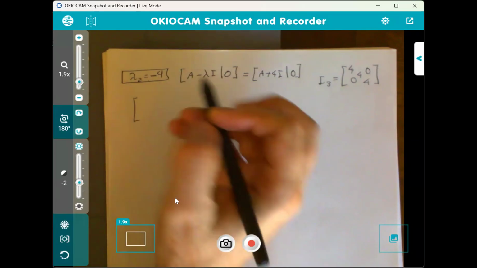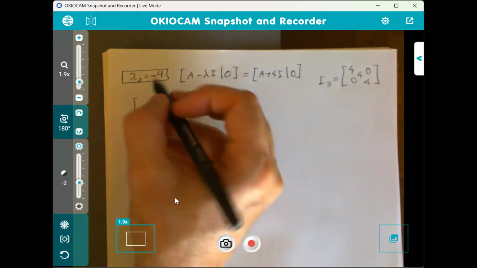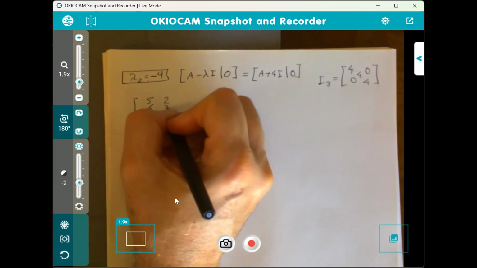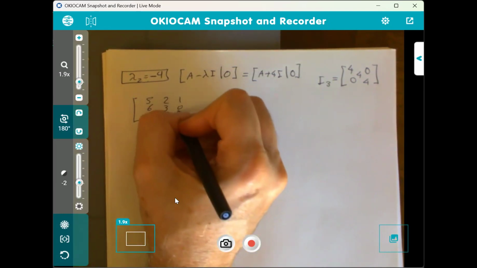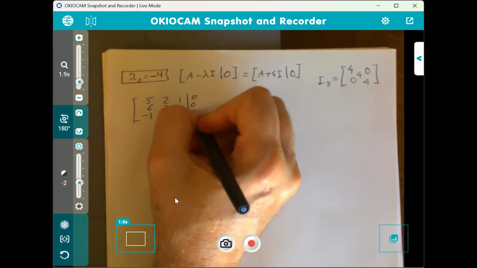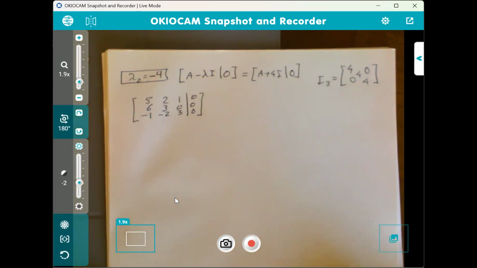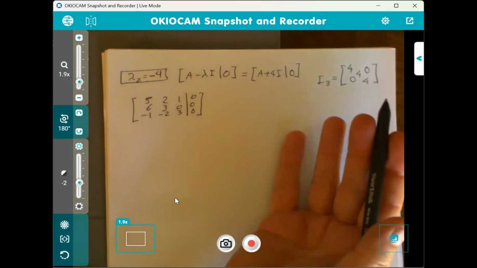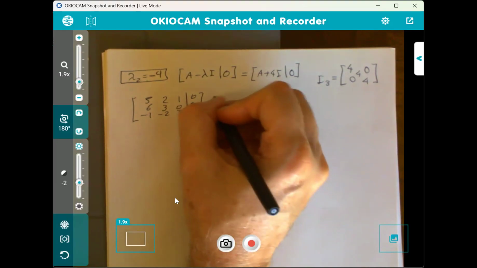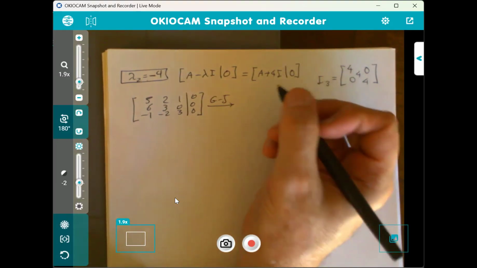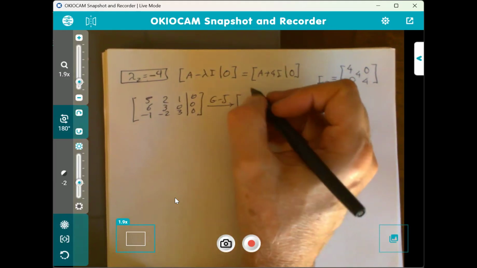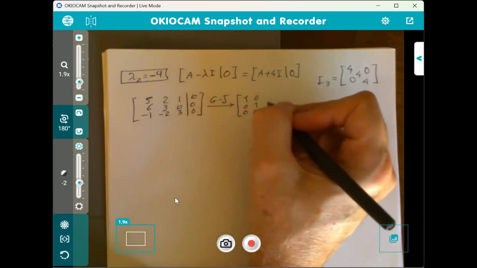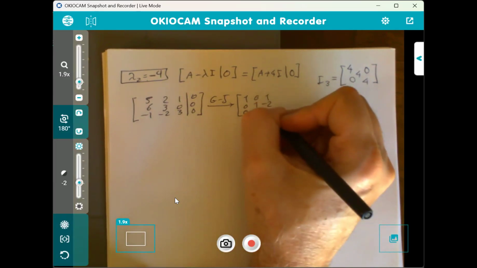Therefore, this whole system now is going to become 5, 6, -1, 2, 3, -2, 1, 0, 3, and the augmented matrix, 0, 0. You go through Gauss-Jordan again with this. If you go by hand, which we don't do, let me just say GJ using the Symbolab app. And this is what I got: 1, 0, 0, 0, 1, 0, and 1, -2, 0.